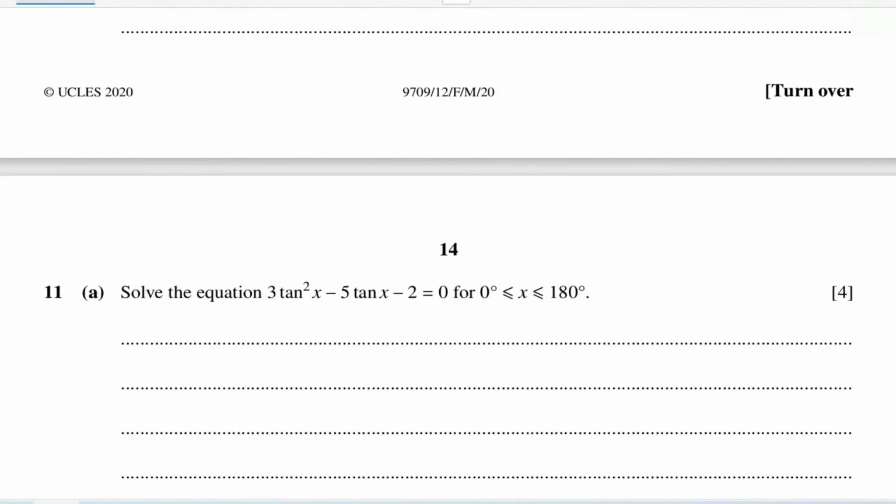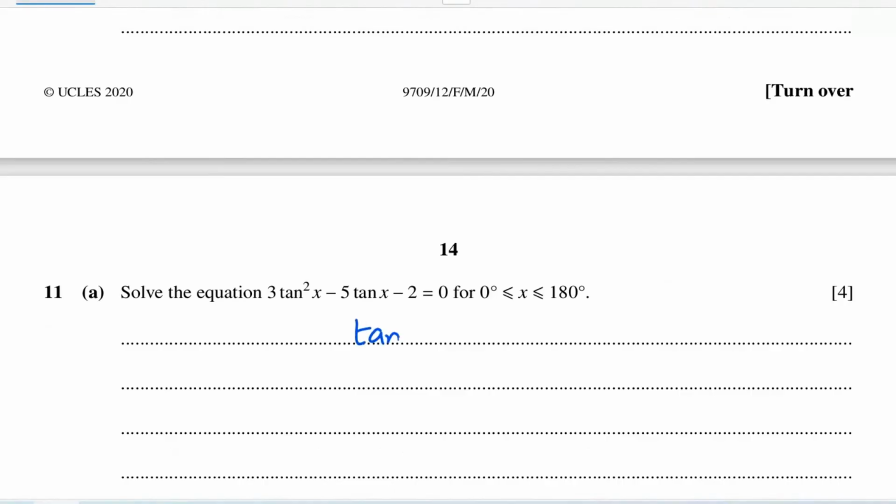So the next question is solve the equation 3 tan square x minus 5 tan x minus 2 is equal to 0. So to solve this one, let us use the quadratic formula because this is a quadratic equation in tan x.